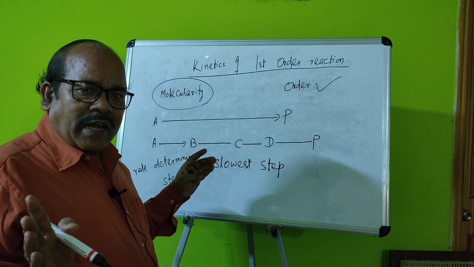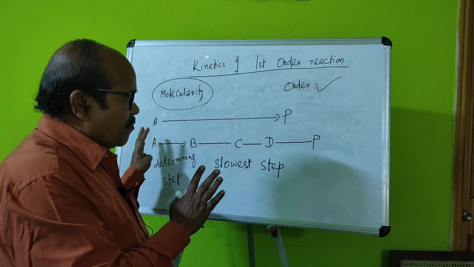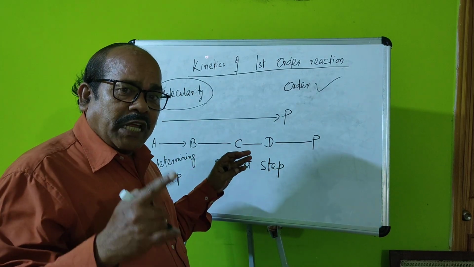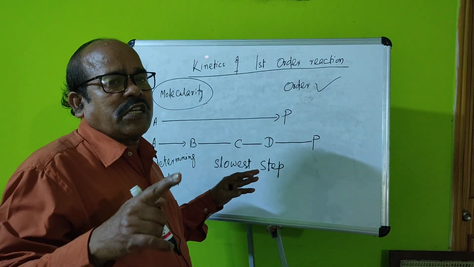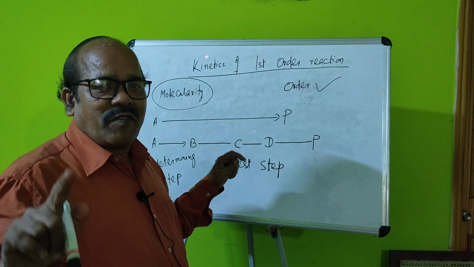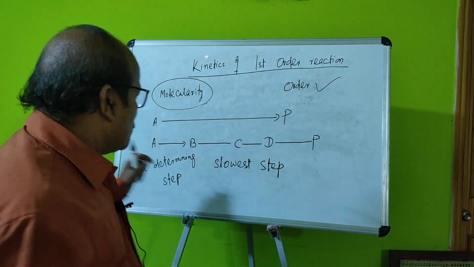In case of molecularity, it is the total number of molecules which are taking part. But in case of order, the total number of molecules taking part and whose concentration changes during the process will give its order. But a better definition for order is like this.